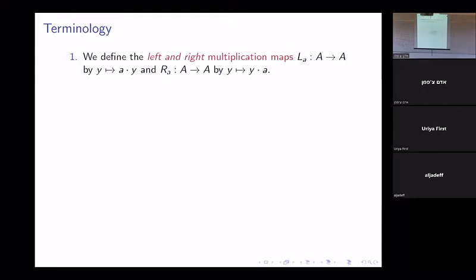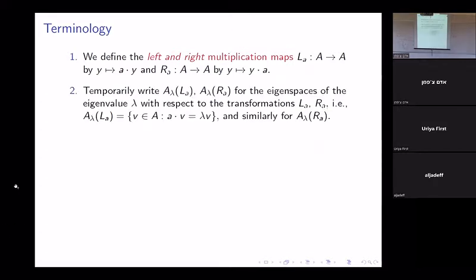Now we're going to define the left and right multiplication maps, and their eigenspaces, and denote them A lambda of LA and A lambda of RA, because they act on the left and on the right. And from two sides, we're going to define the intersection.